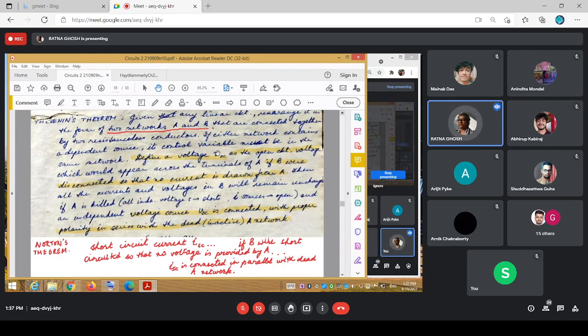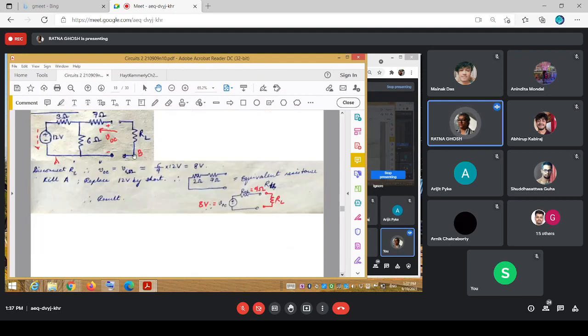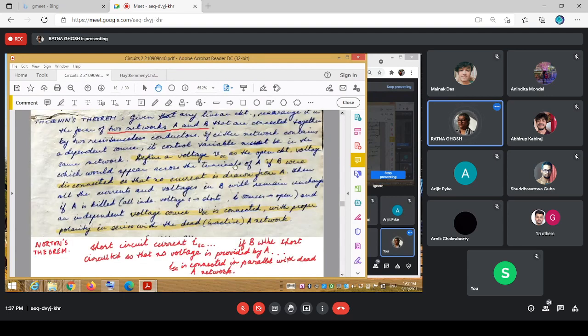We defined a VOC, open circuit, across terminals of A if B were disconnected, so that no current passes. So we open circuited this one. That is the open circuit voltage that we are looking at. And we needed to look at the resistance of the dead A network. So VOC is connected with proper polarity in series with the dead A network, or the inactive A network.